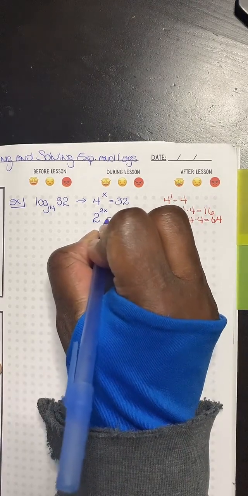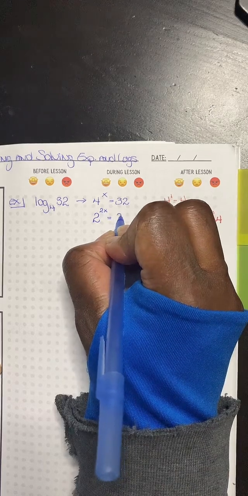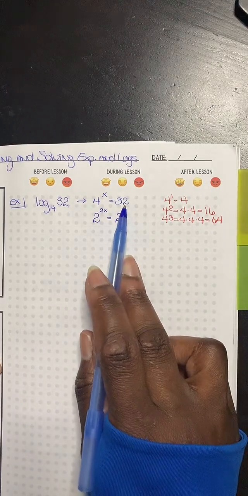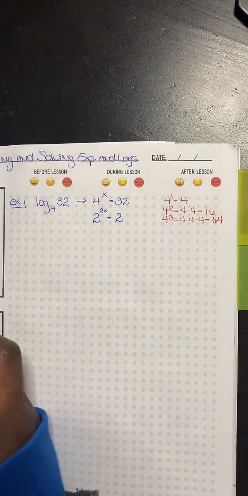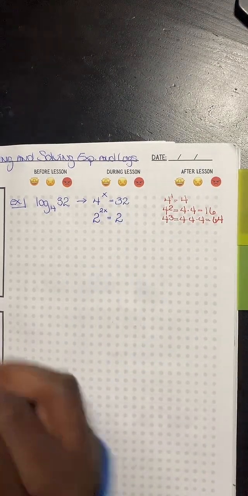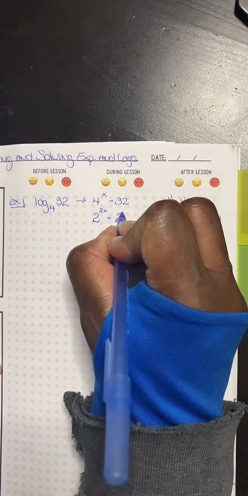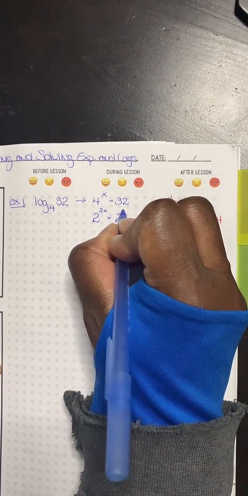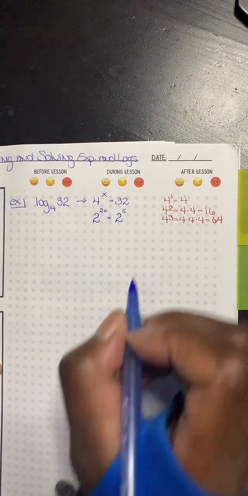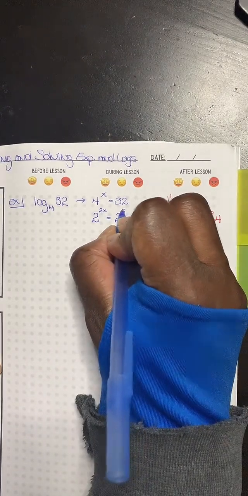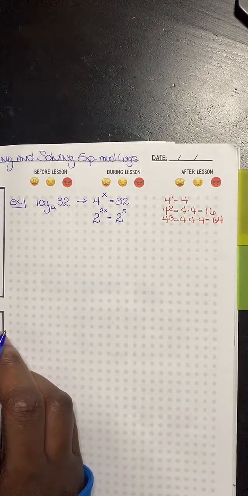Now, we want to have the same base. So 2 to the what power will give me 32? There you go, Leah. Not to the 4th.